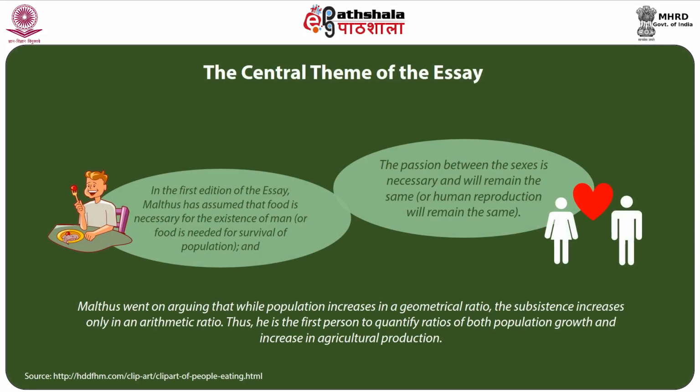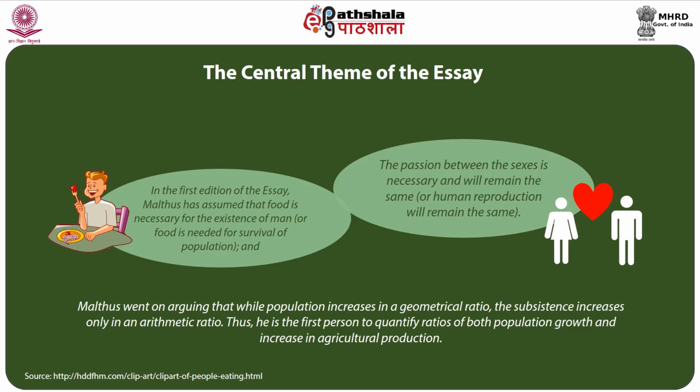What is the central theme of the essay about? In the first edition of the essay, Malthus assumed that food is necessary for the existence of man, or food is needed for the survival of population, and that the passion between the sexes is necessary and will remain the same, or human reproduction will remain the same.